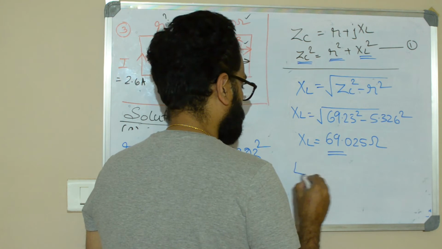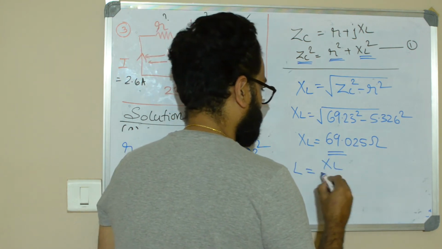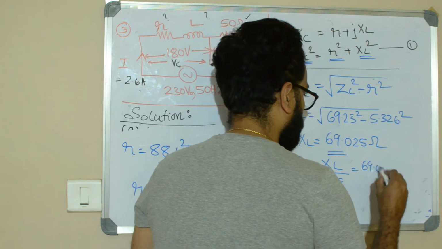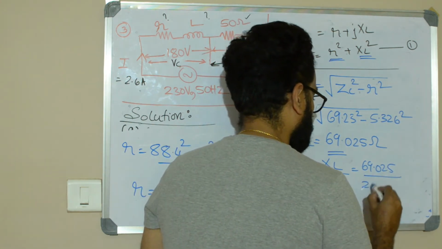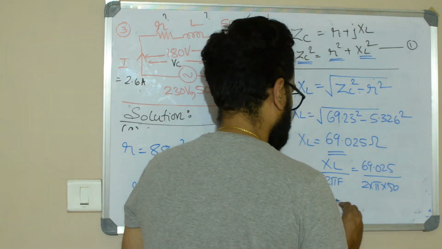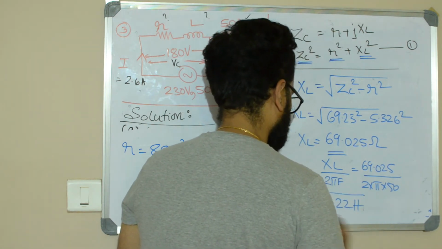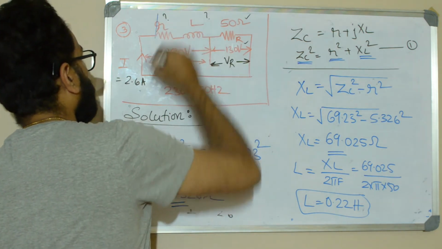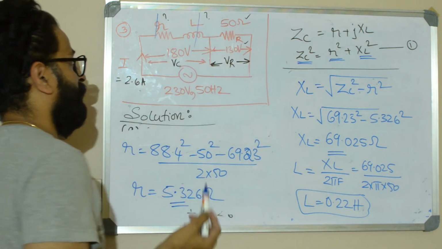Or you can find out L is equal to XL divided by 2 pi f, that is 69.025 divided by 2 into pi into frequency. So you will get L is equal to 0.22 Henry. So you have found the r value and also you have found the L value.